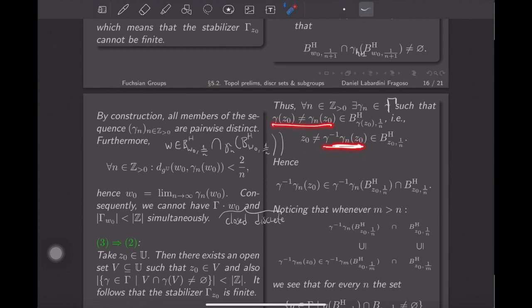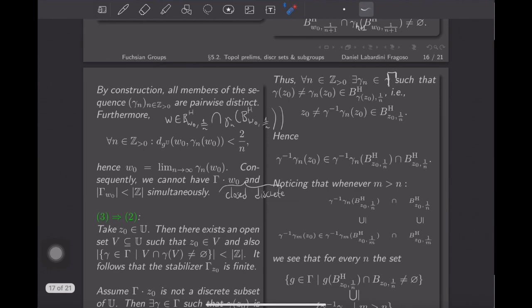Since these are different, and gamma is a hyperbolic isometry, the disk with this center and this radius goes to the disk with center gamma inverse of this, so Z naught, with the same radius because it's an isometry.